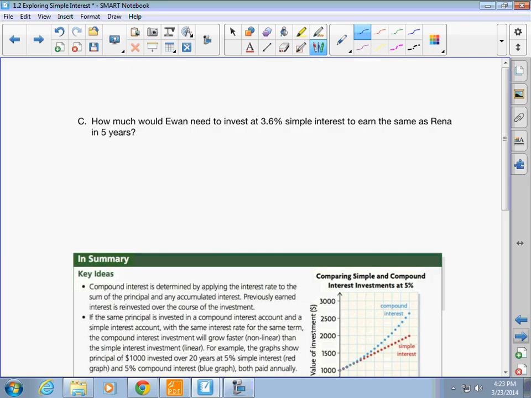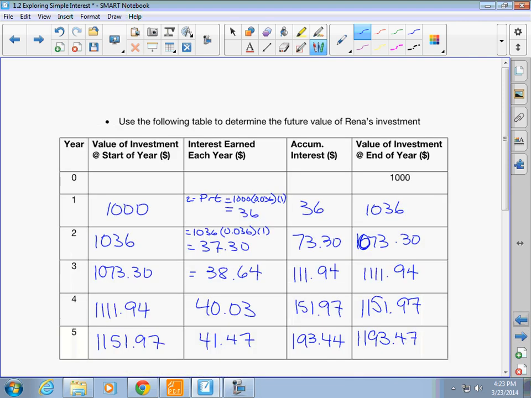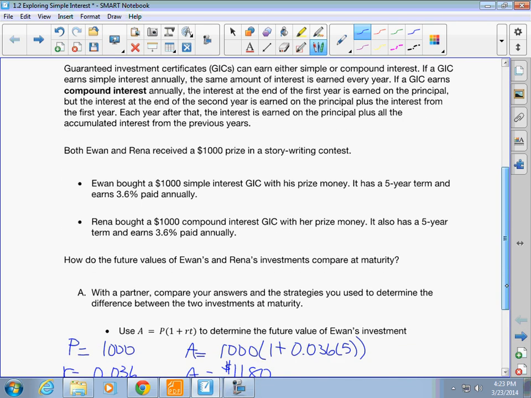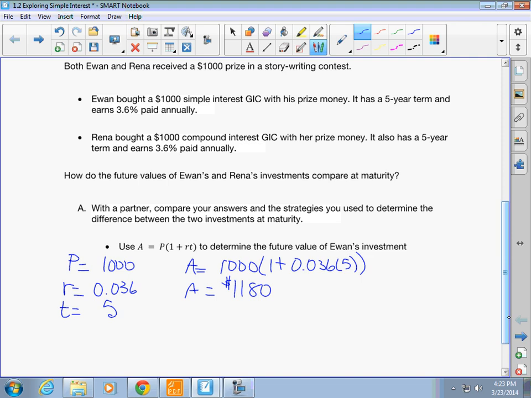So the last part says, how much would you need to invest at 3.6% simple interest to earn the same as Rena in 5 years? Before I answer this, I'm just going to go back, because the initial question was to compare the difference between the two at maturity.